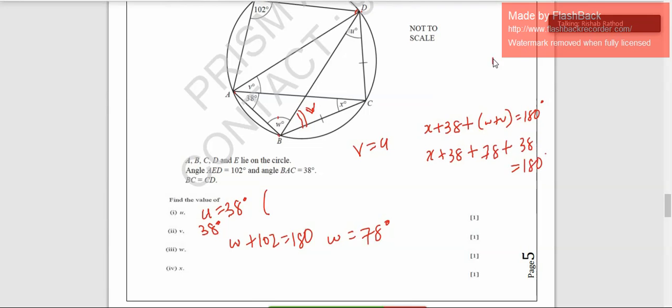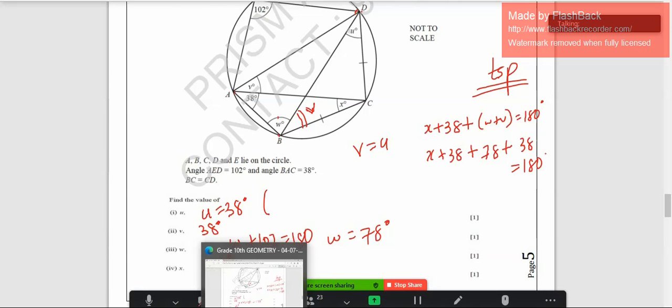This is by triangle sum property. Correct? This angle, this and this, they form a triangle. So you just put in the calculator 180 minus 78 minus 38 two times. 26 degrees. Okay?